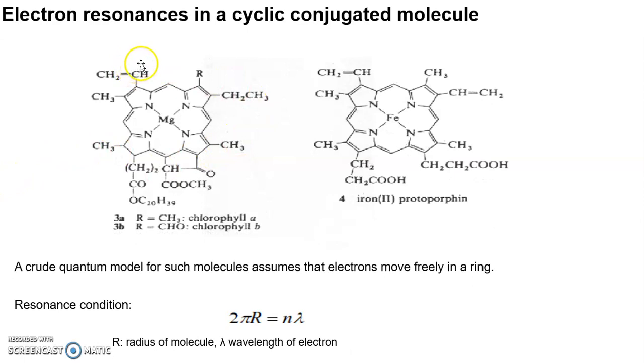So electron resonance in cyclic conjugated molecules. You can see this is your cyclic conjugation. A crude quantum model for such molecules assumes the electrons move freely in a ring system. So the resonance condition is 2 pi r equals n lambda, where r is the radius of the molecule and lambda is the wavelength of the electrons.